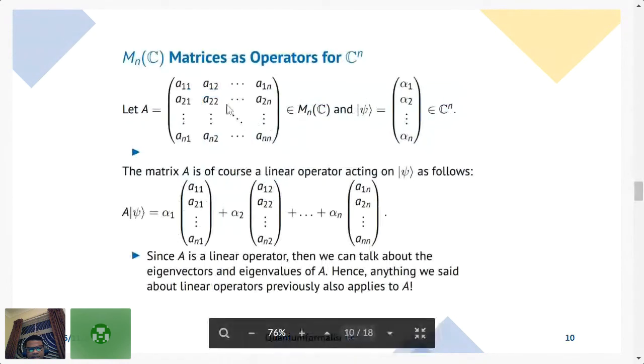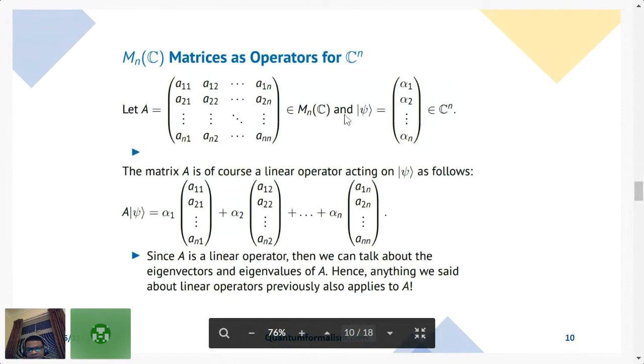We have seen that given an element of Mn of C and given a ket vector, actually I shouldn't call it ket vector, let's just call it vector for now. Once we get to Hilbert space, we call it ket. Or let's just call it ket vector anyway, it doesn't matter because we're already using the ket notation.